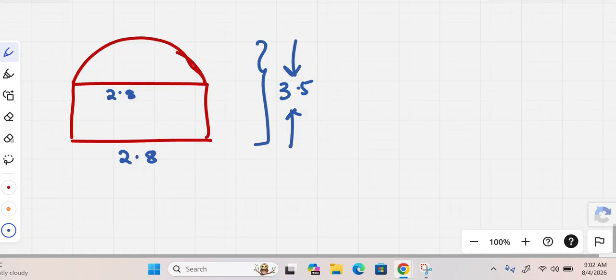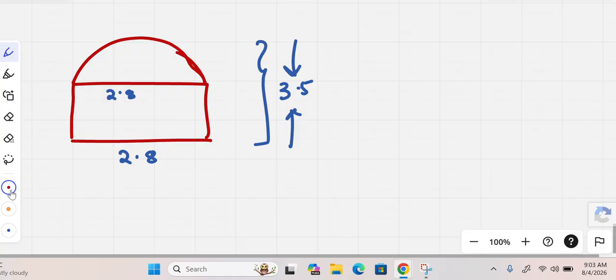That's the width of the frame, right? So the diameter is 2.8.